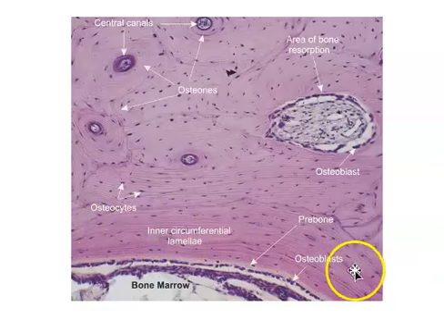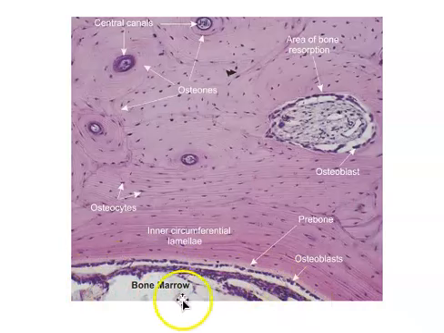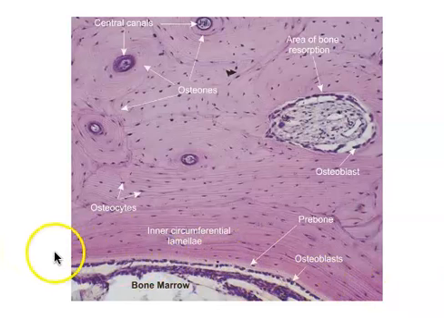They're close to the endosteum, which is the lining of the medullary cavity. This is where the bone marrow is stored. So again, circumferential lamellae, that is inner because it's nearer the endosteum. There would be more circumferential lamellae out here that would be external because it's closer to the periosteum.